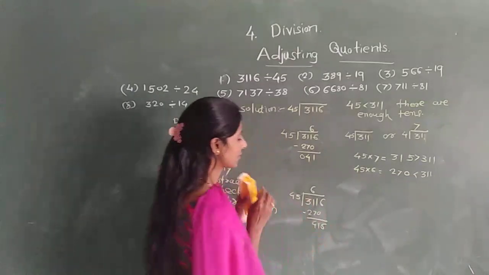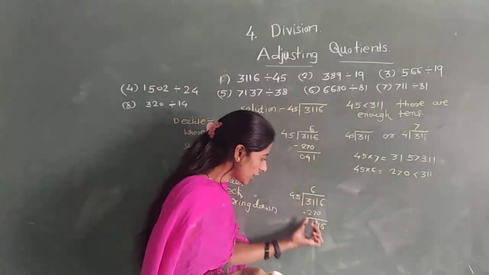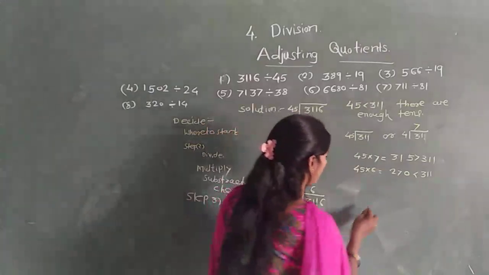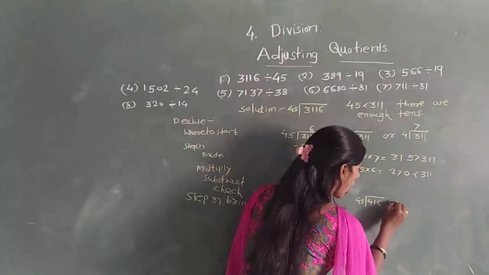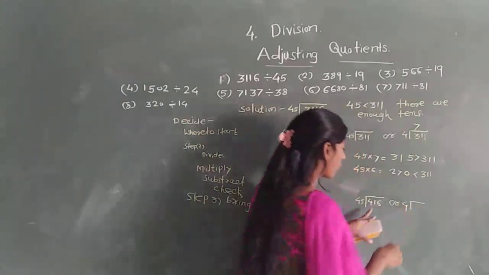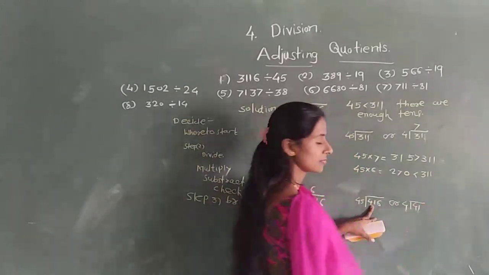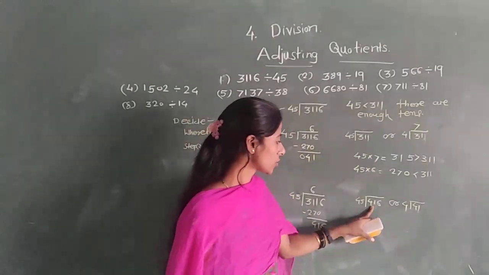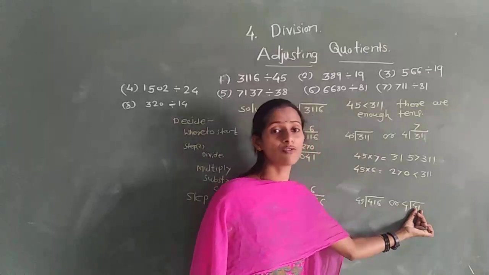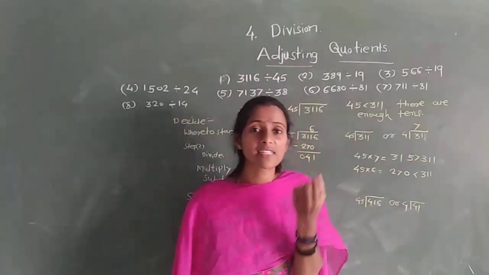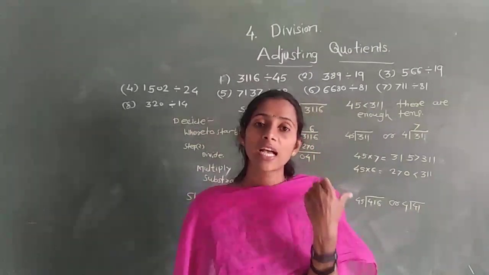Bring down 6. Okay, so think 45 divided into 416, that is only 4 and 41. So we know that 4 10s are 40. Okay, so this estimated quotient is very high.